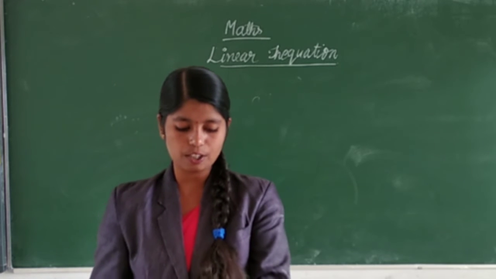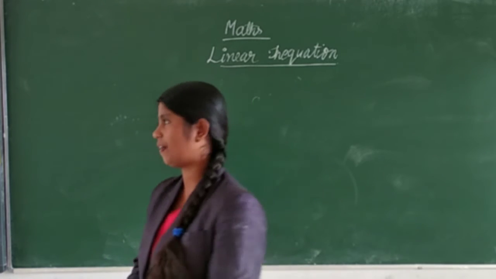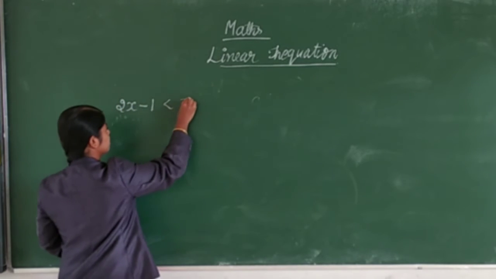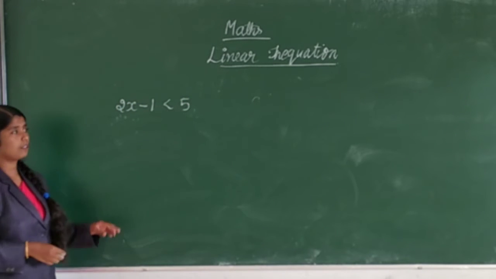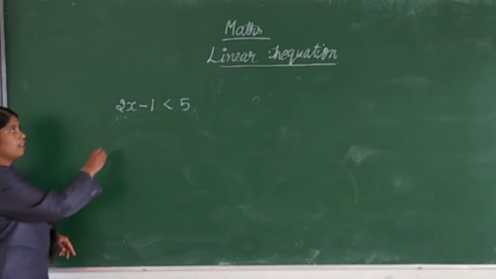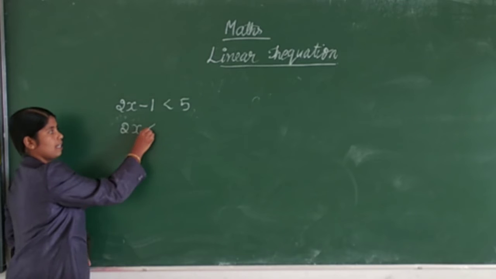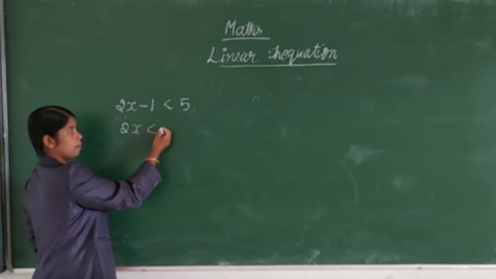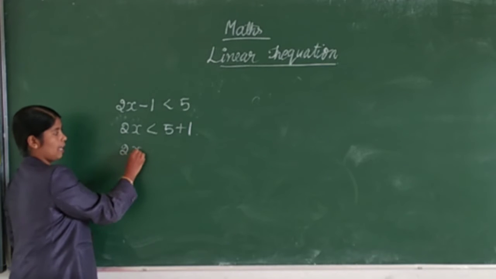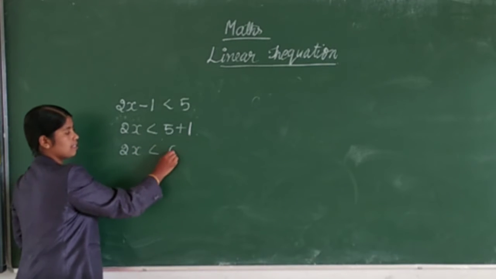The first question, 2x minus 1 less than 5. So here, first we solve for this x value. 2x we keep here and less than, minus 1 I am taking to the opposite side. So 5 plus 1. Then 2x less than 5 plus 1 is 6.